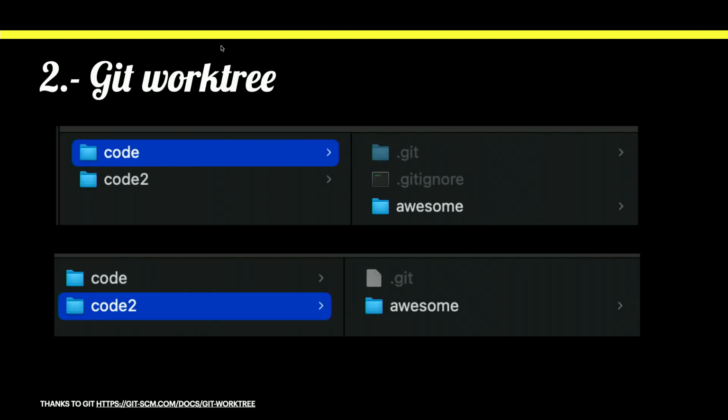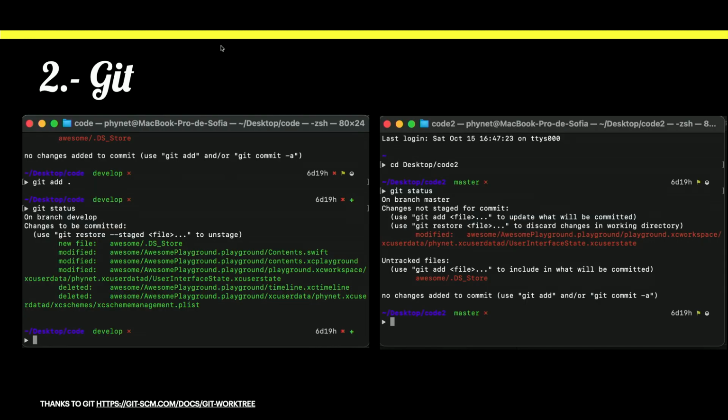This is an example. As you see, if you go inside the code too, you will see a linked copy. All the metadata from Git will be in the first one, and separately, you can work with it. For example, this is a real terminal.